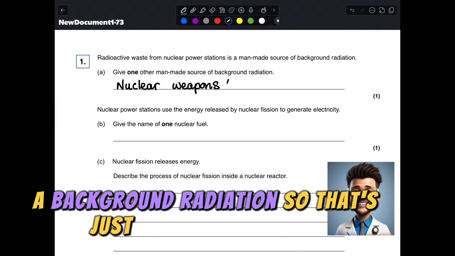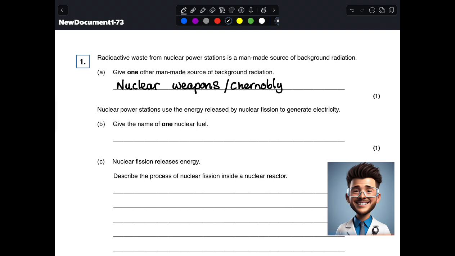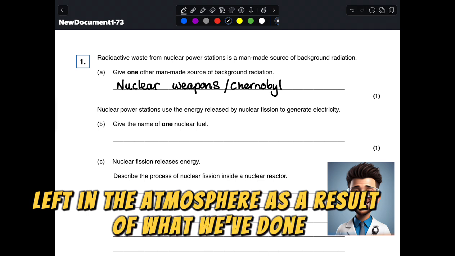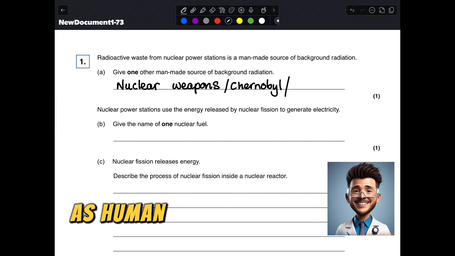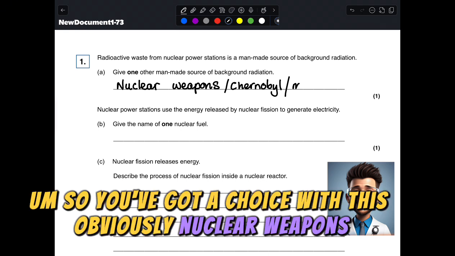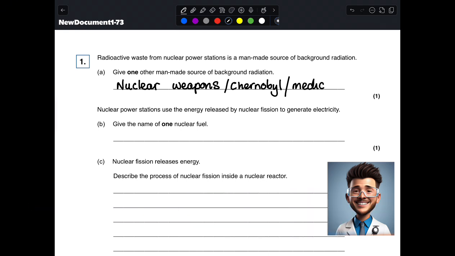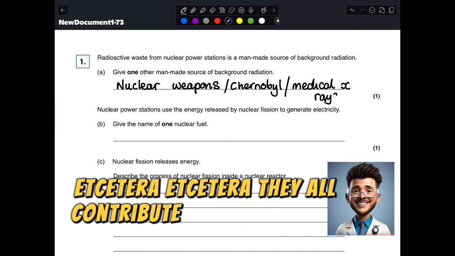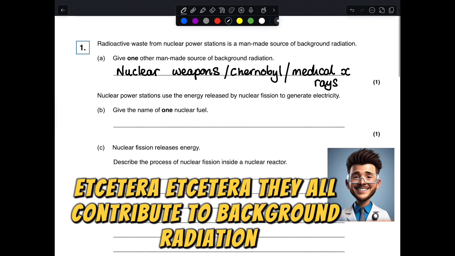So that's just leftover radiation that's left in the atmosphere as a result of what we've done as humans, really. So you've got a choice with this. Obviously, nuclear weapons, Chernobyl, medical equipment such as X-rays, etc. They all contribute to background radiation.